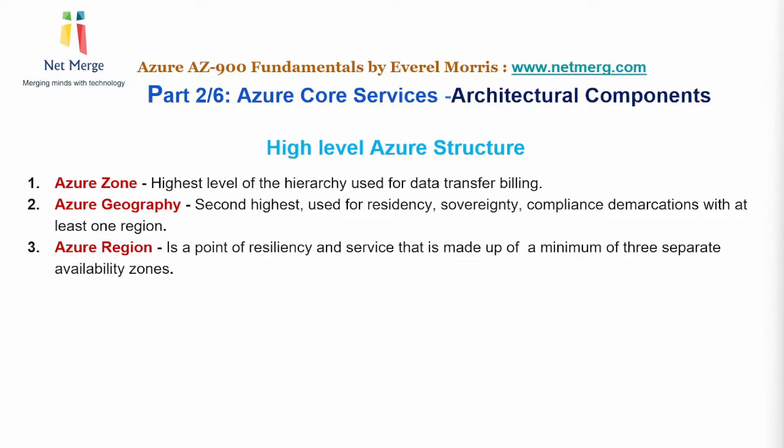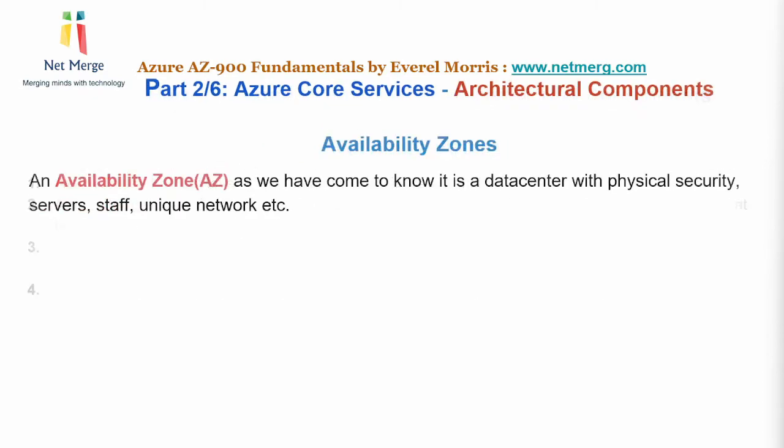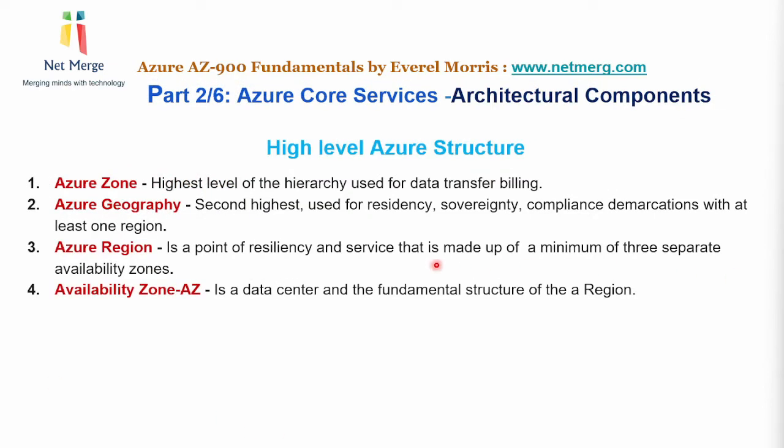So an availability zone is actually a data center. And at the bottom of the chart, we have availability zones, referred to as AZs, and it's a data center and a fundamental structure of the Azure region that we'll be talking about. So you get a good understanding as to what the overall structure looks like.